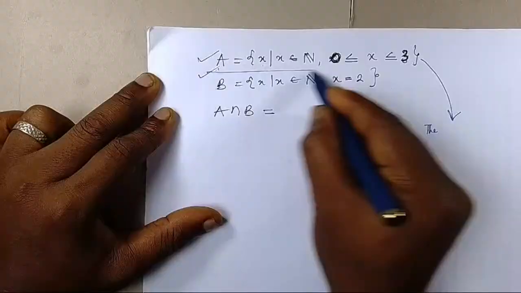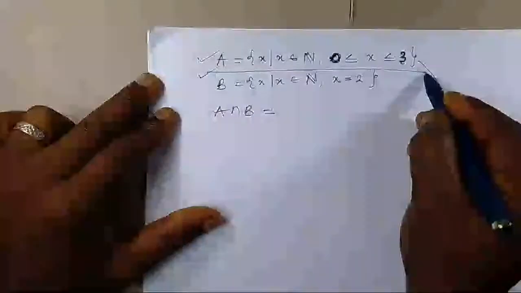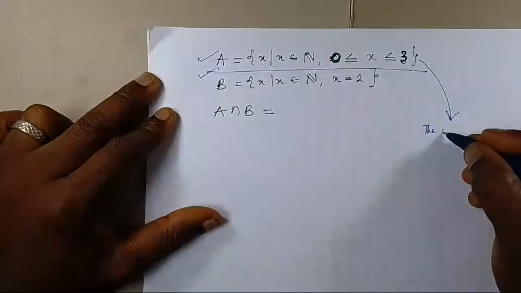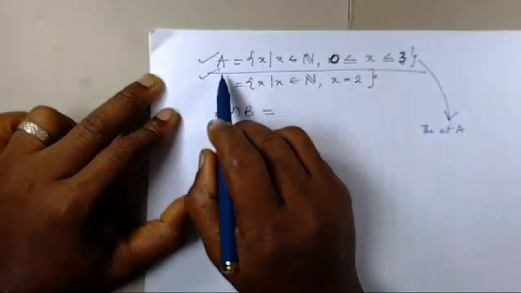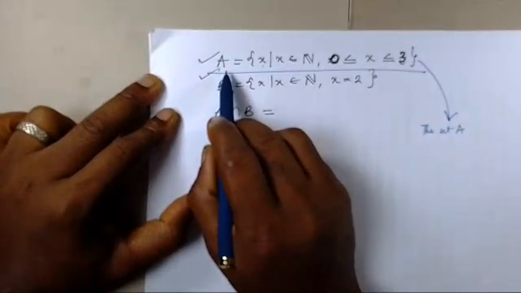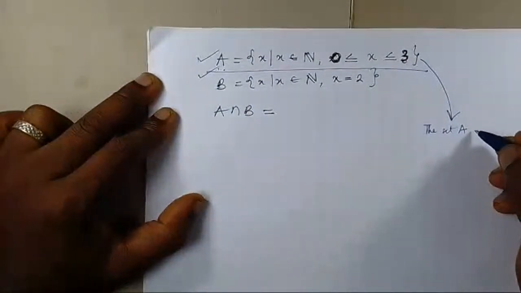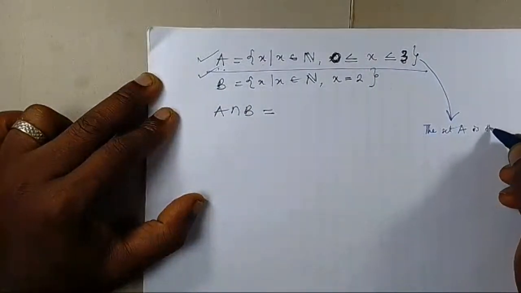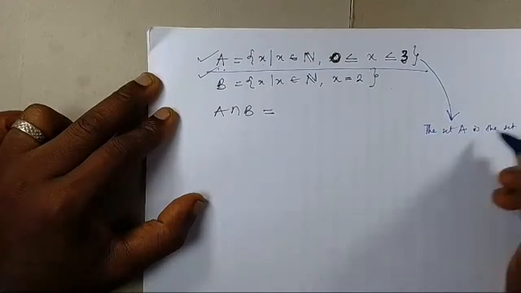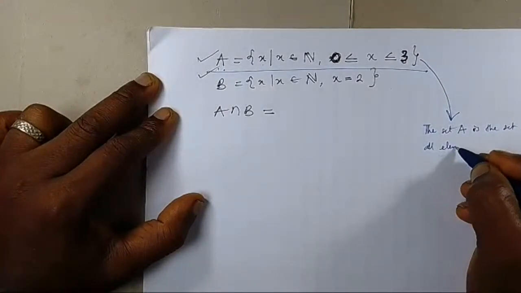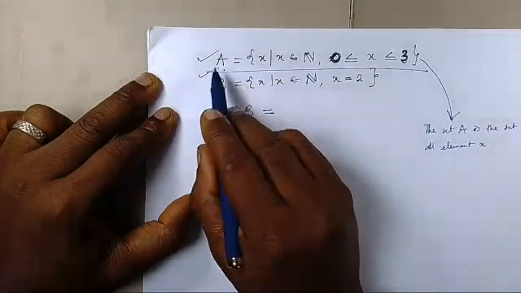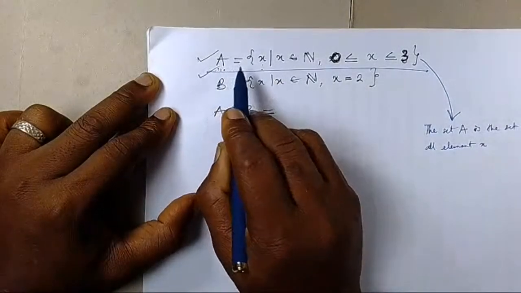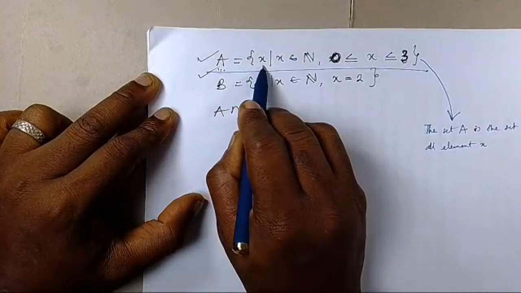If you want to read this in set theory, remember, capital letters represent sets. So the set A is the set of all elements small x.